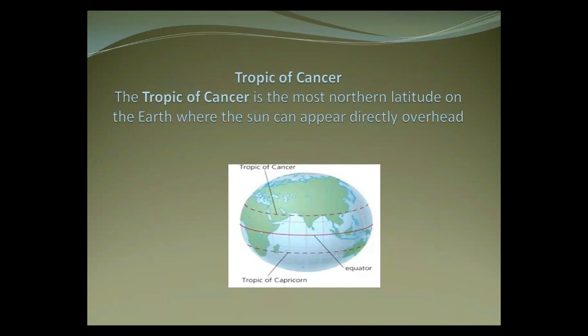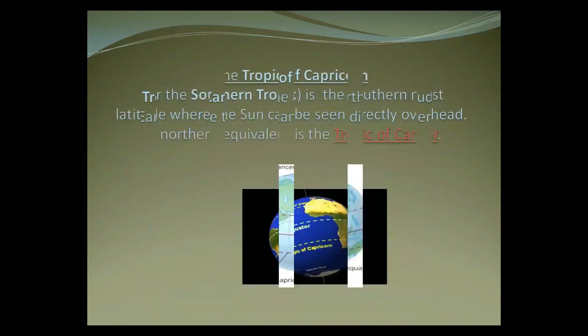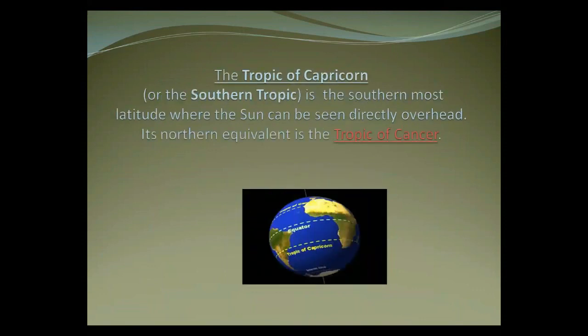Obviously, that portion of the earth is overheated. Tropic of Capricorn, the southern tropic, is the southernmost latitude where the sun can be seen directly overhead. Its northern equivalent is the Tropic of Cancer.